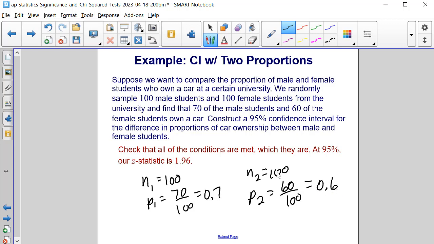And if we did N2 times 1 minus P2, it would be 100 times 4/10, which would then equal 40, and that's also greater than or equal to 10. So yes, definitely all of the conditions are being met. So at a 95% confidence interval, our Z statistic is 1.96.